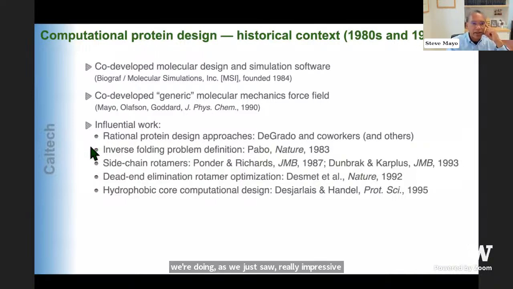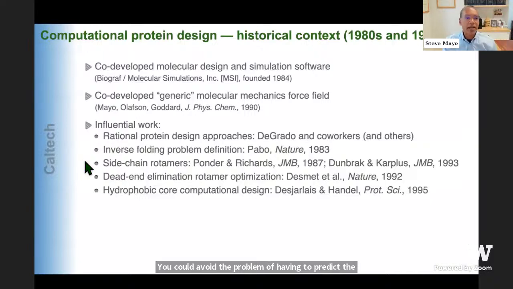I was really influenced by Carl Pabo's Nature letter, where he laid out the rationale for the inverse folding problem and argued that it was a way to think about protein design. That is, have a backbone first and then compute or design a sequence for that backbone. And by using the inverse folding approach, you could avoid the problem of having to predict the structure of the protein.